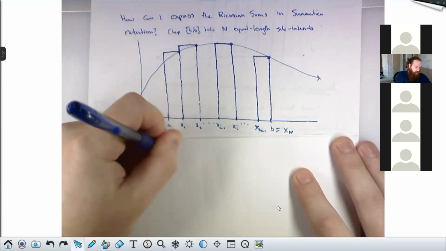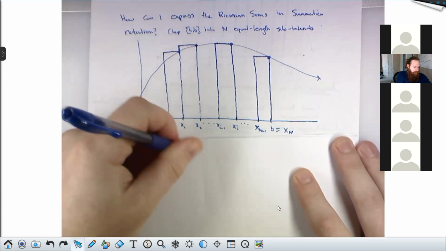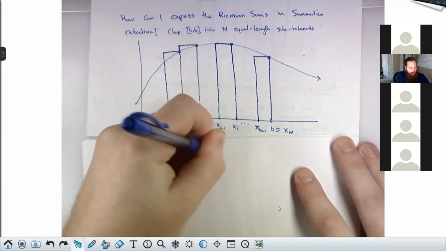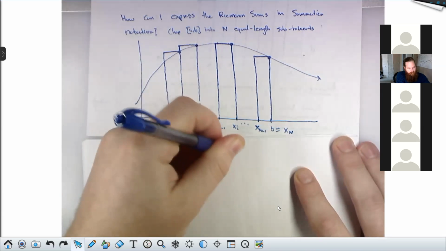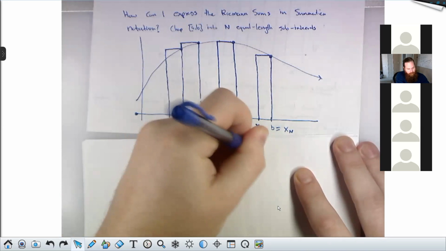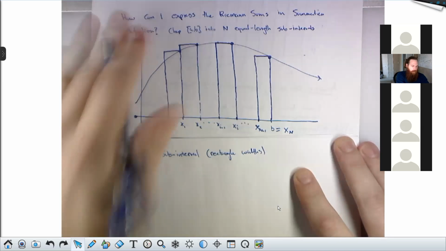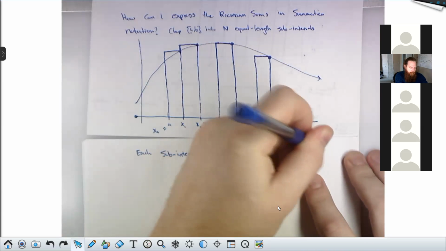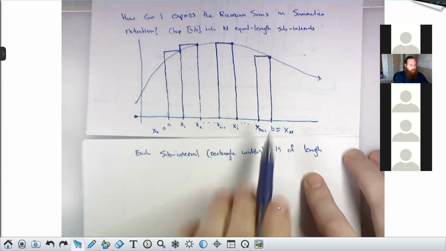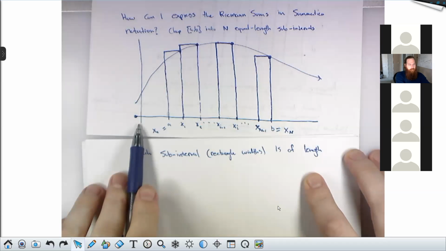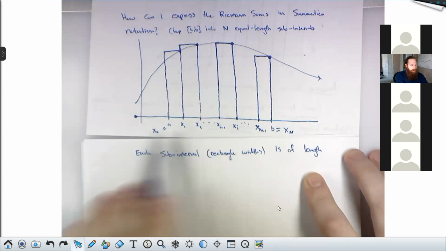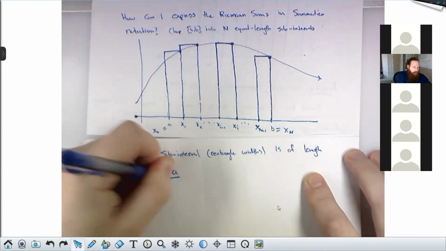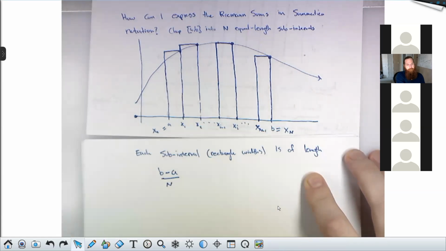Each subinterval, each of these widths, is of length, well, if I have n of them all together and the total length is b minus a, then the length is b minus a over n.